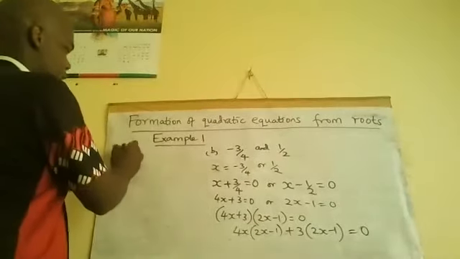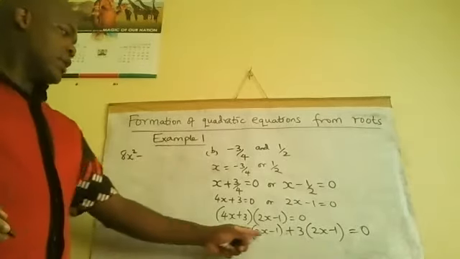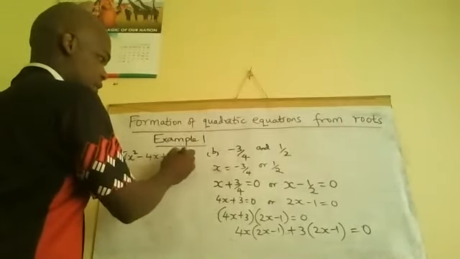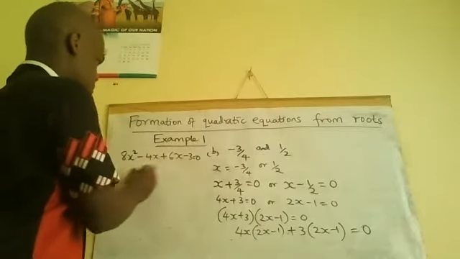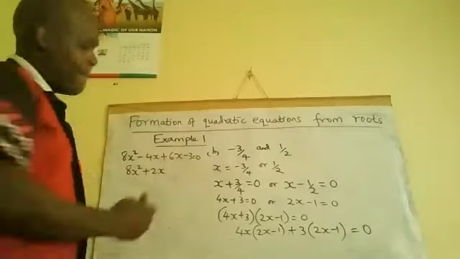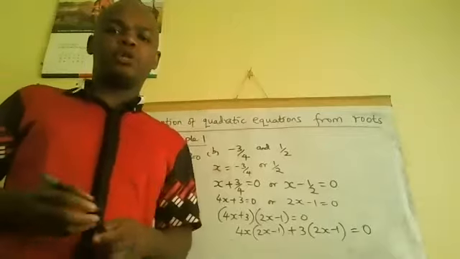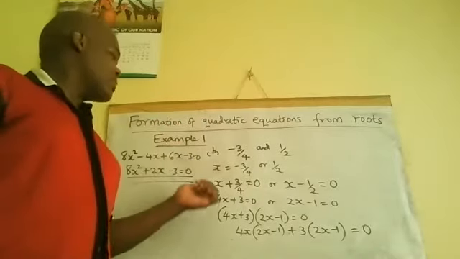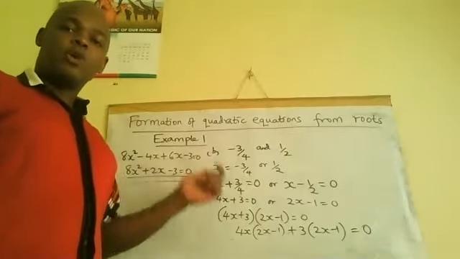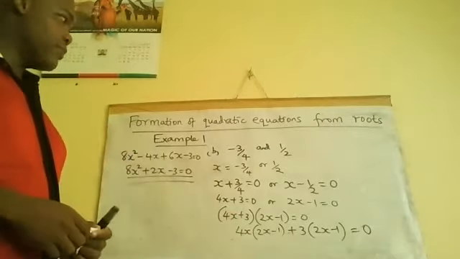So this comes to 8x squared minus 4x plus 6x minus 3 equals 0. So this is 8x squared plus 2x minus 3 equals 0. Remember, we are forming quadratic equations, and therefore our right hand side must be equated to 0. So this is the quadratic equation that we are forming.